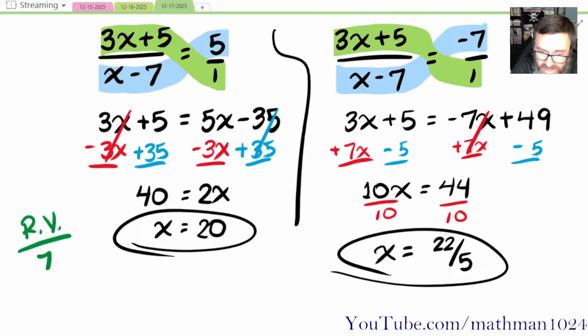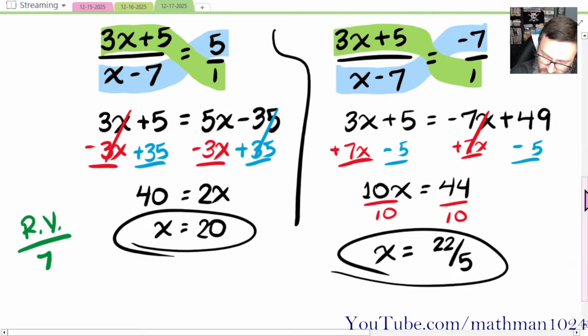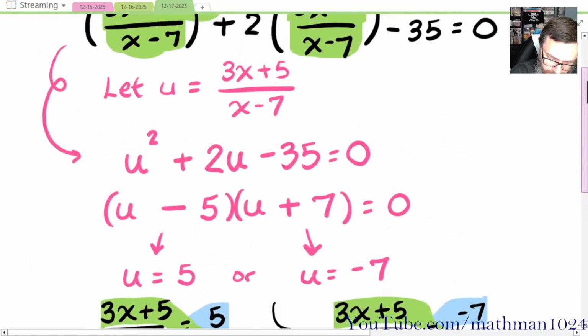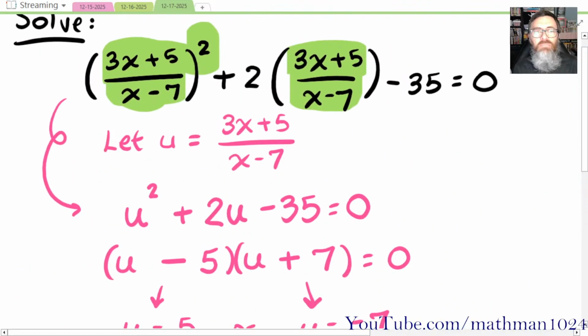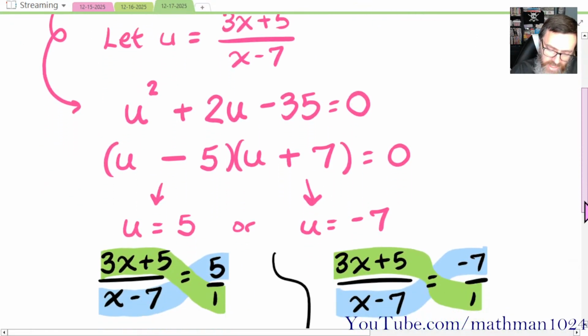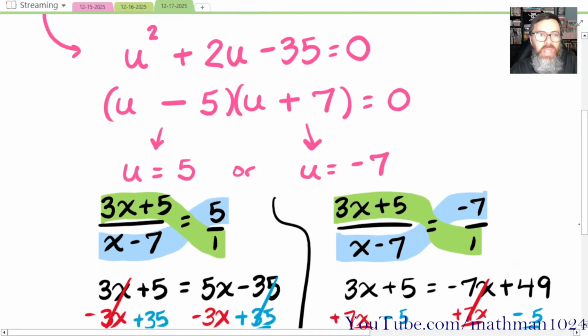Now I know this can seem like a lot going on there, and I get that. Let's just quickly review what happened. This equation looked ugly. But we saw that we had the same variable expression to the first power and that same variable expression squared. So by doing a u substitution, I'm able to rewrite it here in pink, and I have a nice quadratic that I can factor: u minus 5 times u plus 7.